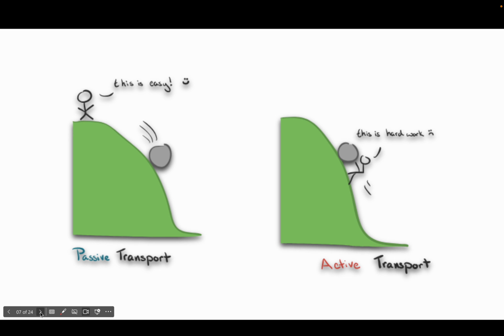Passive transport is the type of molecular transfer that does not require energy, because it follows the concentration gradient, that is, the molecule moves from a place of high concentration to a place where its concentration is lower.